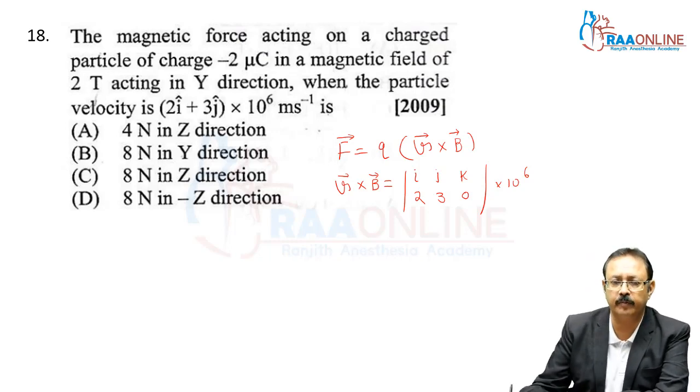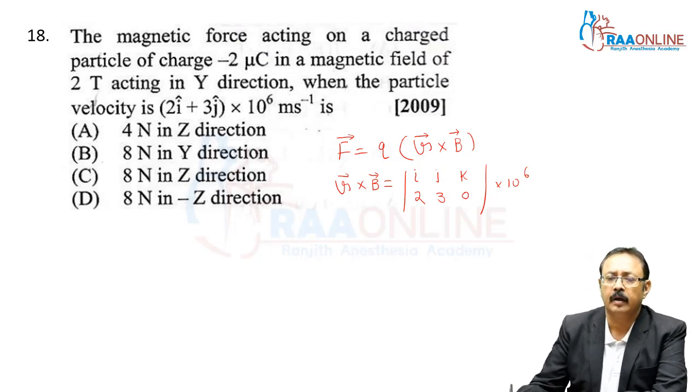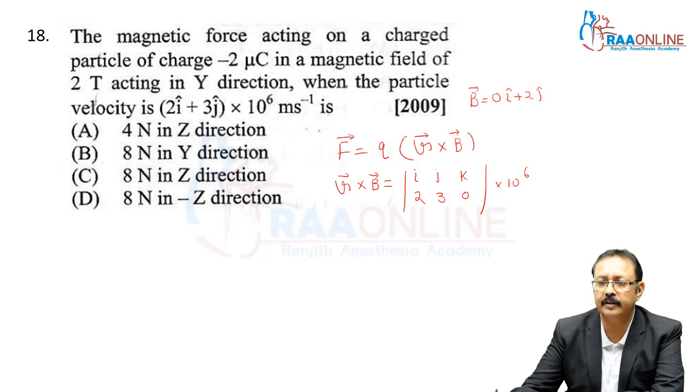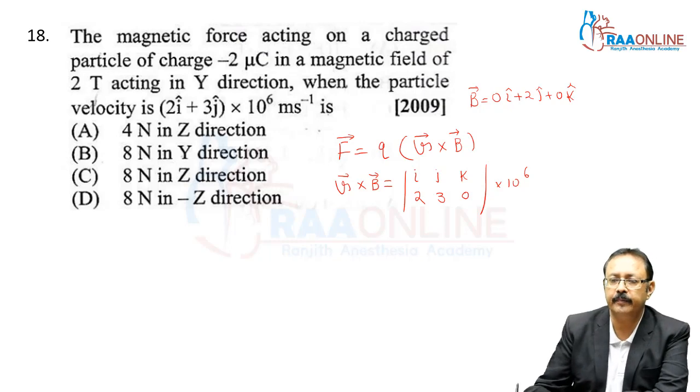We take common from this row. B, 2 Tesla in Y direction. It means 0I, 2J, Y direction, J, 0K. So what is B? 0, 2, 0.